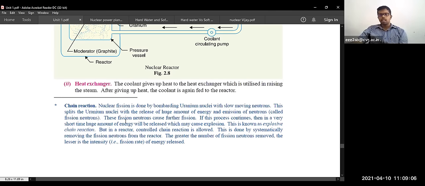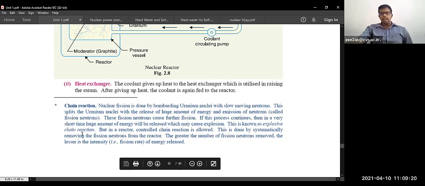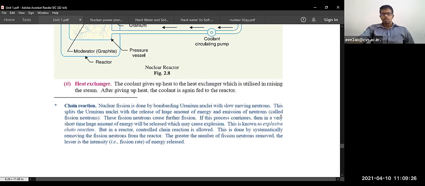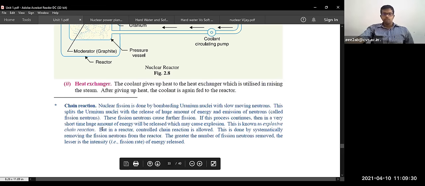If this process continues, then in a very short time a huge amount of energy will be released, which may cause an explosion. This is known as explosive chain reaction. A nuclear bomb works on this reaction.